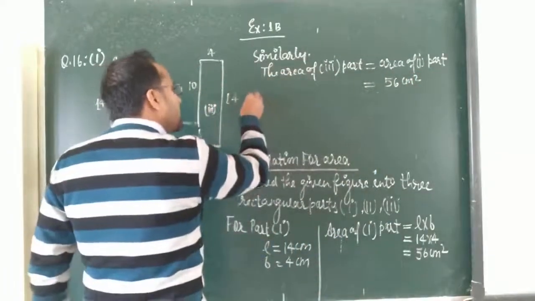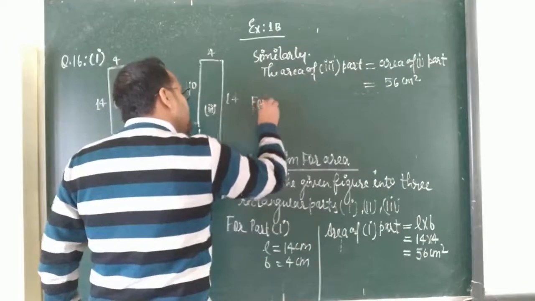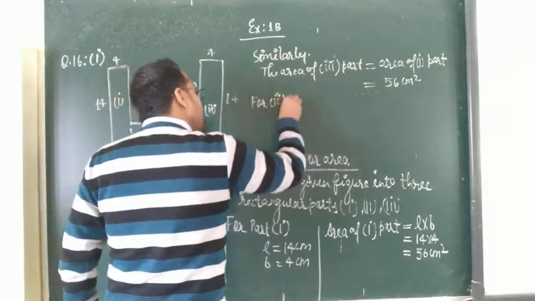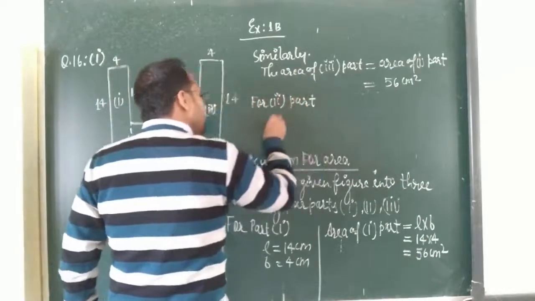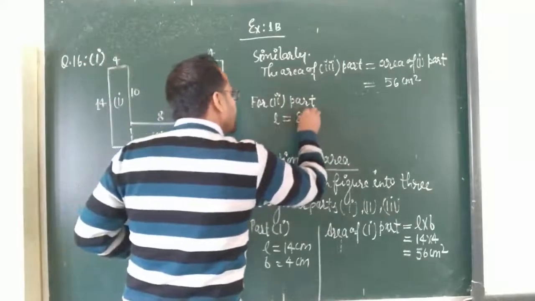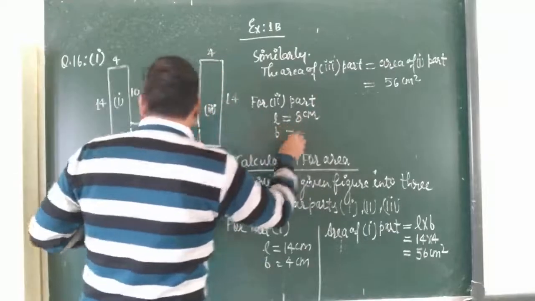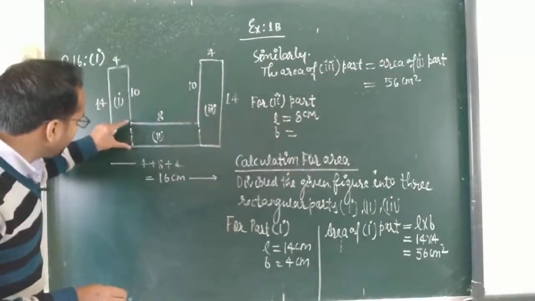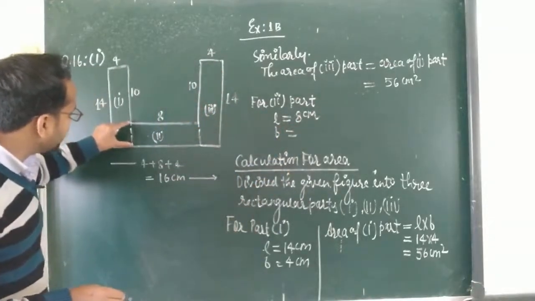Now for the second part, length is equal to 8 centimeter, and we are talking about the breadth. We don't know this breadth. What is the length of this breadth?